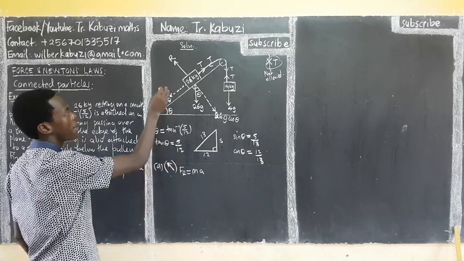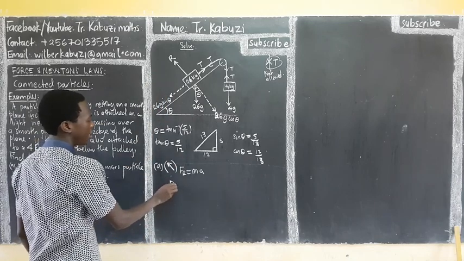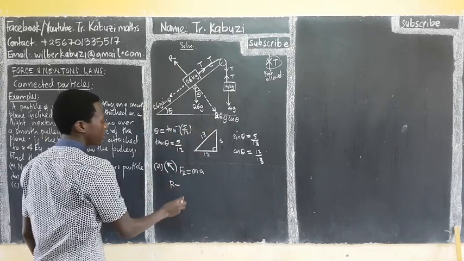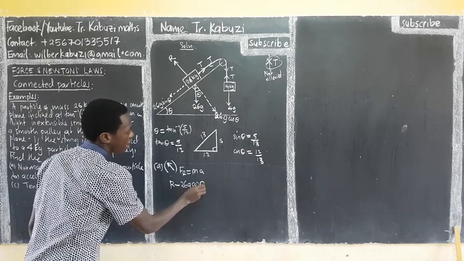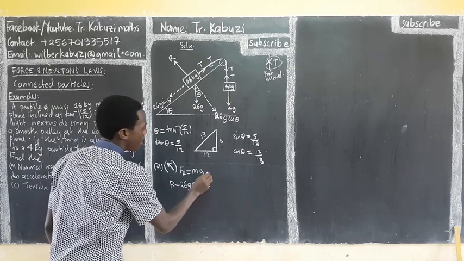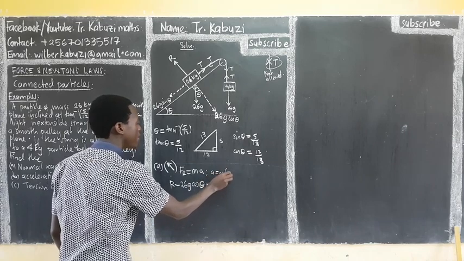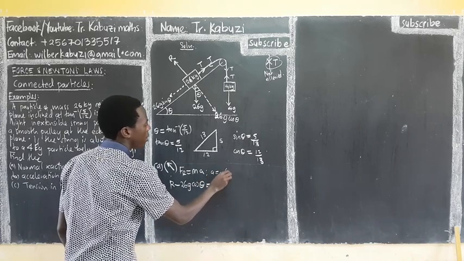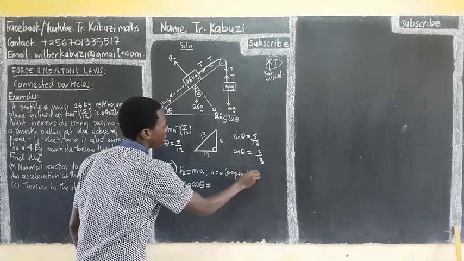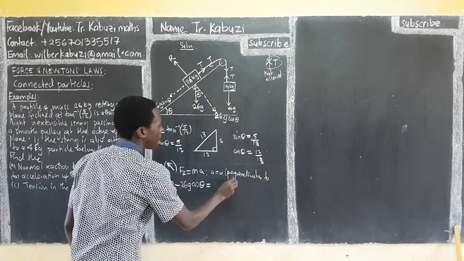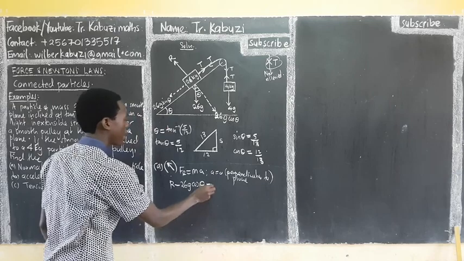So meaning that from here we shall get R, going like this, minus the opposing 26g cos theta, equaling to 0. Perpendicular to the plane, no acceleration. So that's why I have 0.